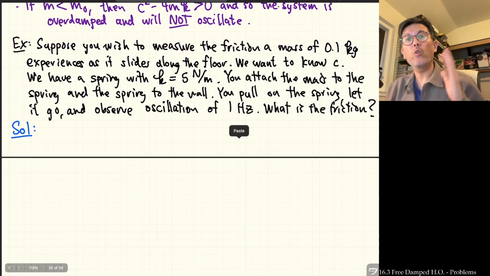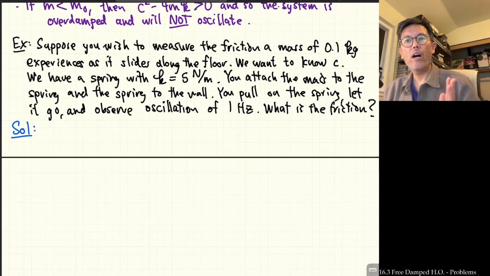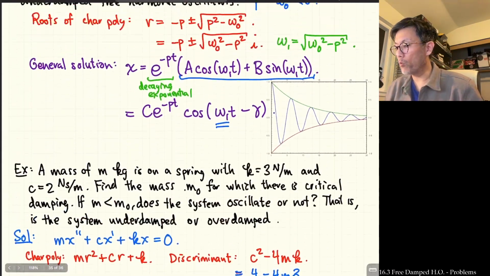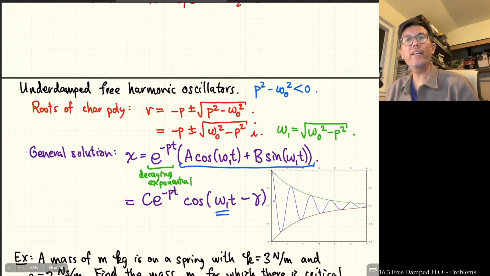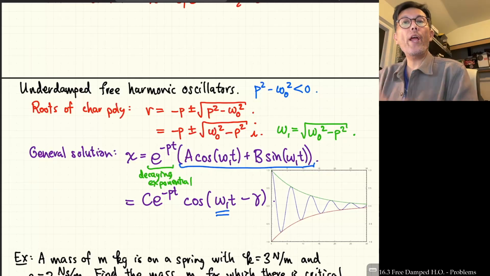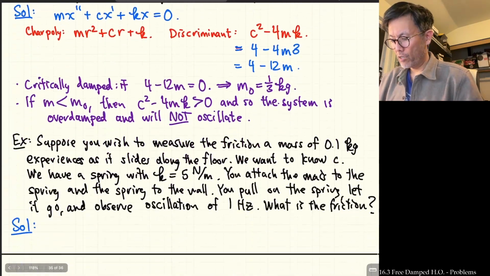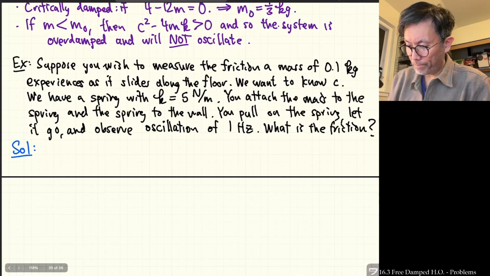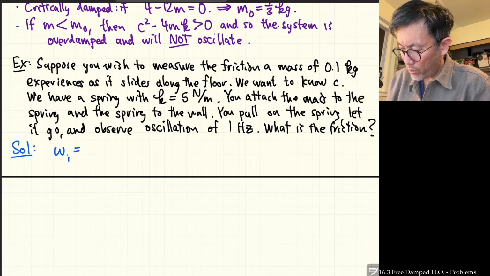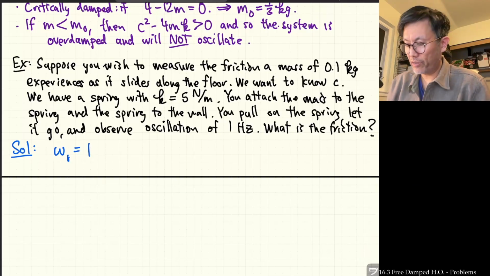Omega 1 is 1 hertz. Okay, cool. But we're more accustomed to thinking about omega 1 in terms of units of radians per second. So right now we have omega 1 being equal to 1 hertz.